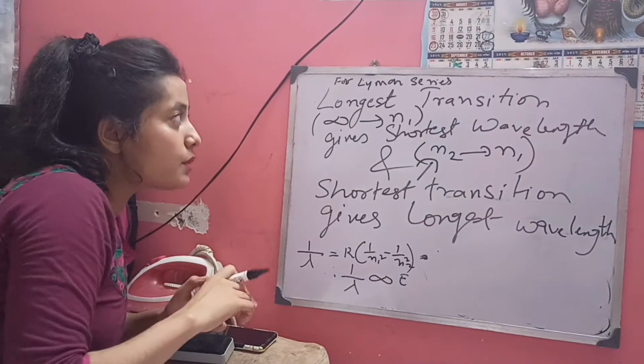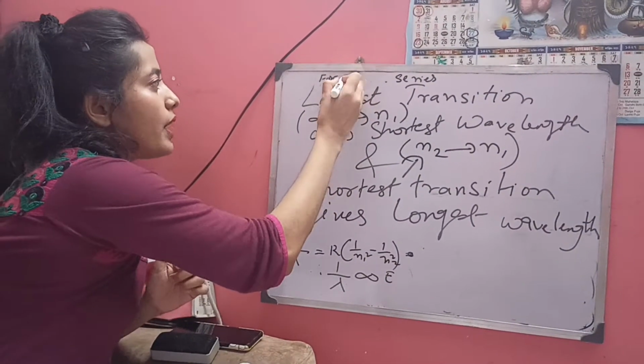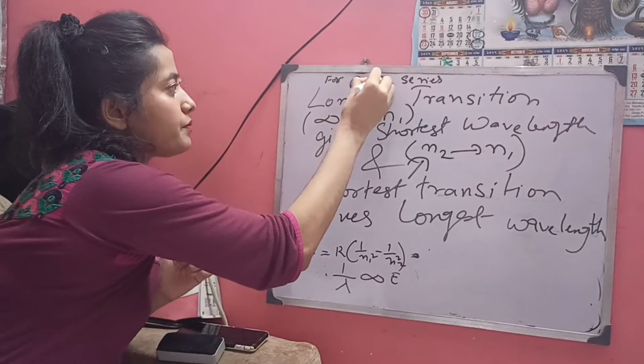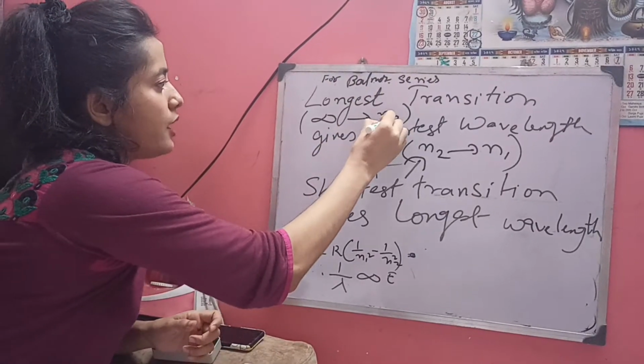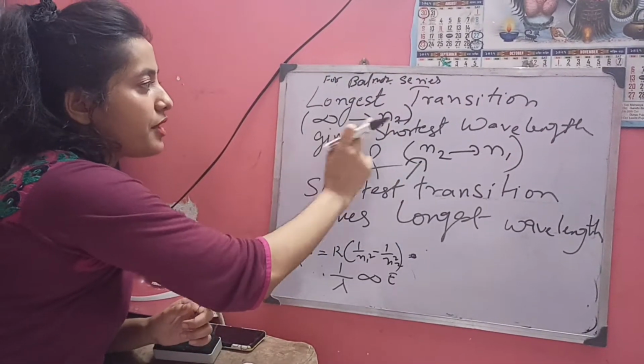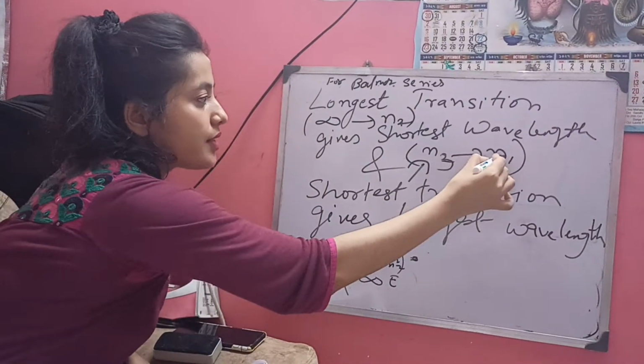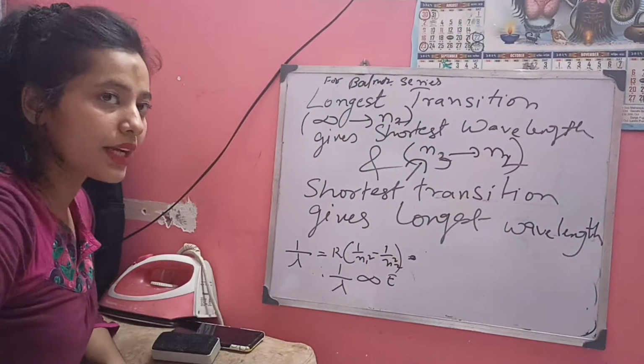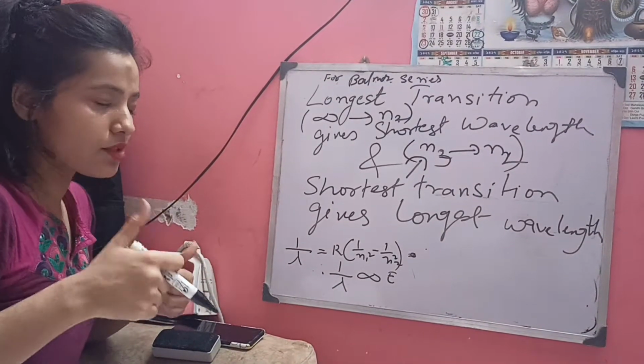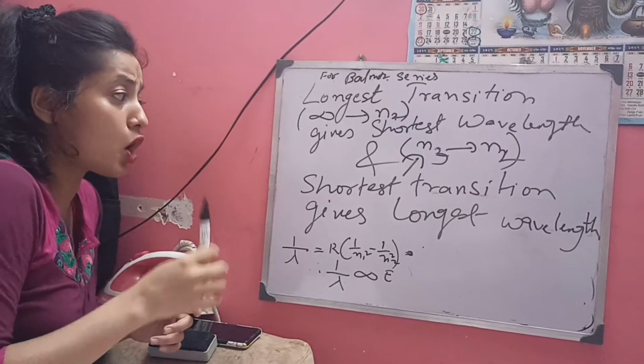Then in case of Balmer series, the longest transition would be from infinity to N2, and the shortest transition would be from N3 to N2. So longest transition means shortest wavelength, and shortest transition gives longest wavelength.